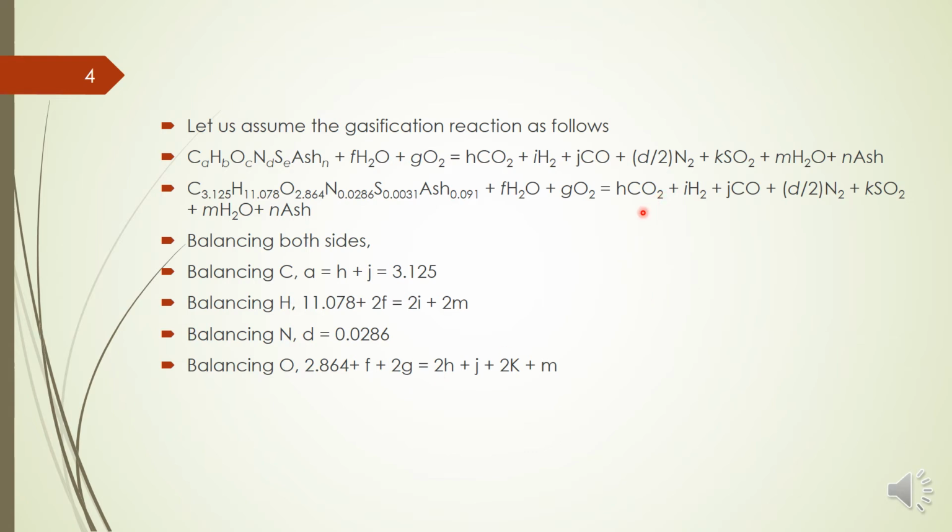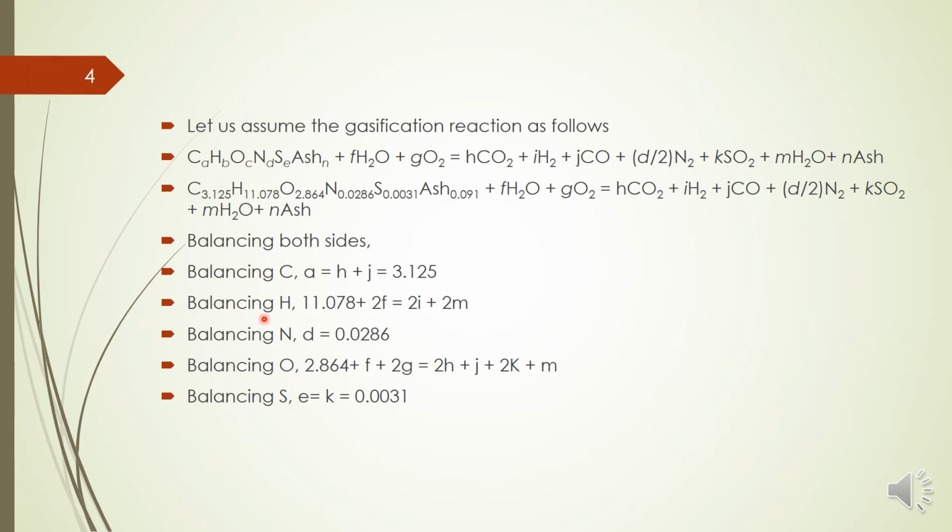And right side we have equal to, here we have carbon dioxide, we have 2H moles, 2H plus J. Here we have 2K, 2H plus J plus 2K. And water vapor we have M. So this is the equation, 2.864 plus F plus 2G is equal to 2H plus J plus 2K plus M. So this is the oxygen balancing equation.